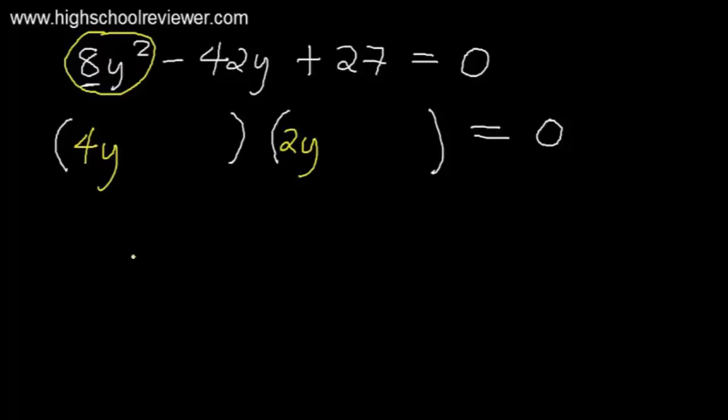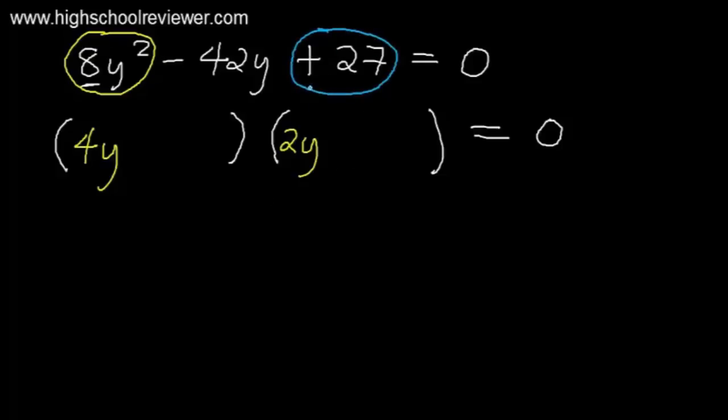Let us check if it is correct. 4y multiplied by 2y is equal to 8y squared. The next that we are going to factor out will be the last term, positive 27.